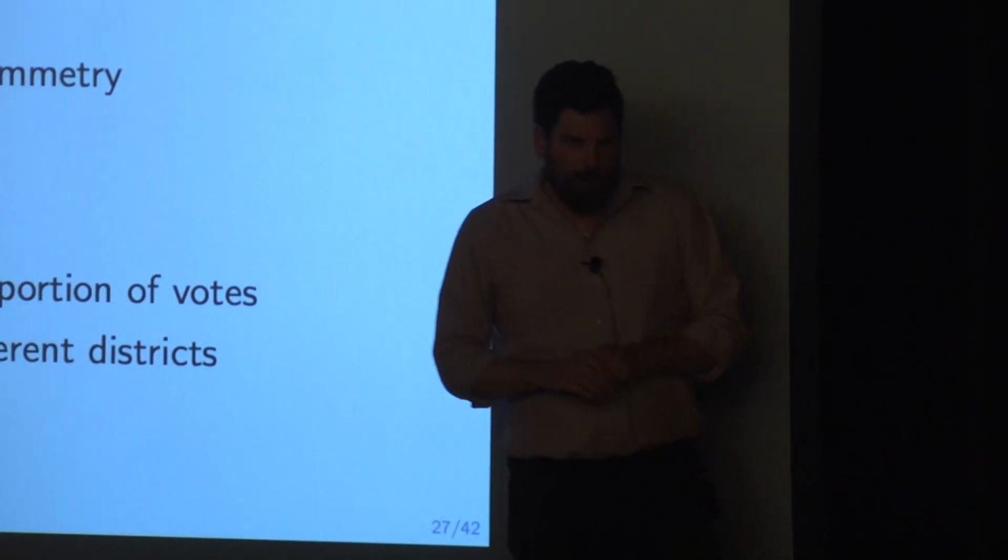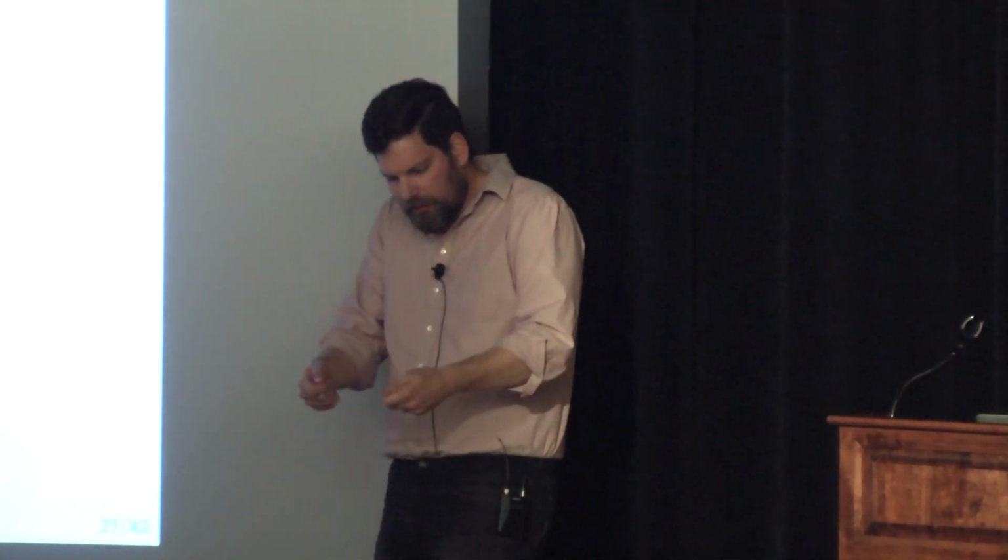Another thing you can quantify is packing and cracking. If the red vote is cracked across multiple districts, you'll see that there's a bunch of people in this district that voted red, and it didn't result in a red seat. Also in this other district, a lot of people voted red, didn't convert to a seat. You can count how many times you got a bunch of votes that didn't convert.